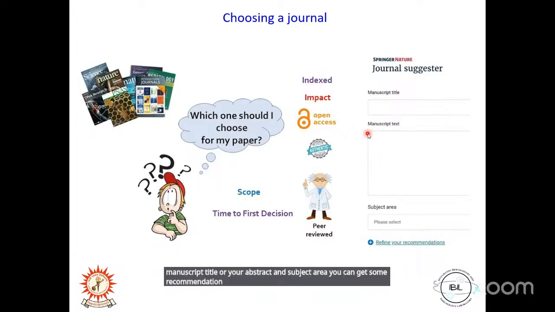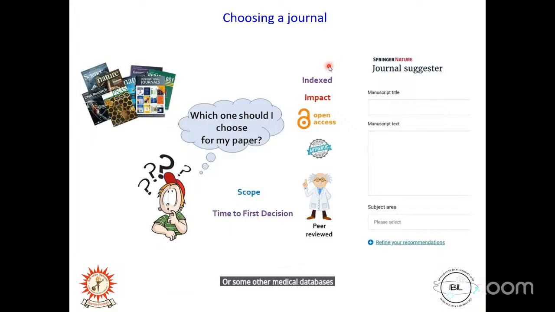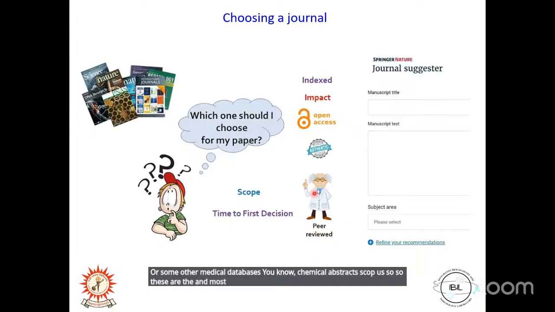Otherwise, you need to check whether the journal of your interest is indexed in the Science Citation Index or not, or some other medical databases, you know, Chemical Abstracts, Scopus. And most importantly, it should be a peer reviewed journal.